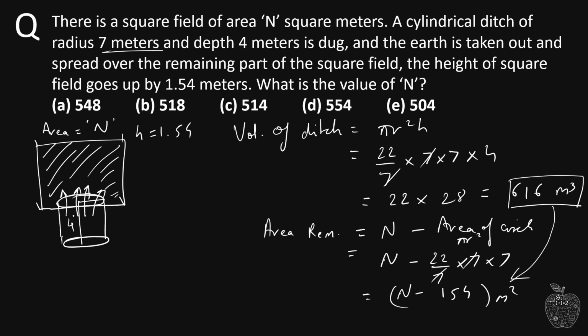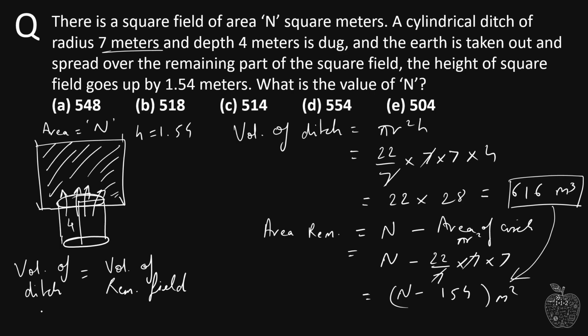Now pay attention here. Whatever the volume of the cylinder be, will be the same volume that will be spread out over the rest of the field, right? So that means the volume of the ditch will be the same as the volume of the remaining field, because we are spreading the same amount over the field. Now volume of ditch we have just calculated, it is 616.